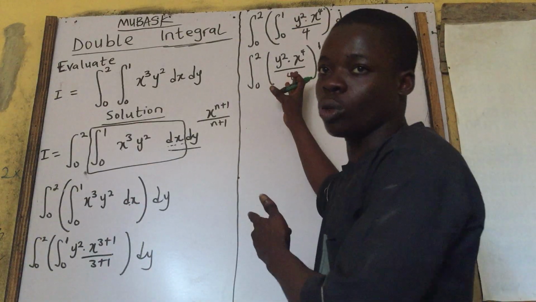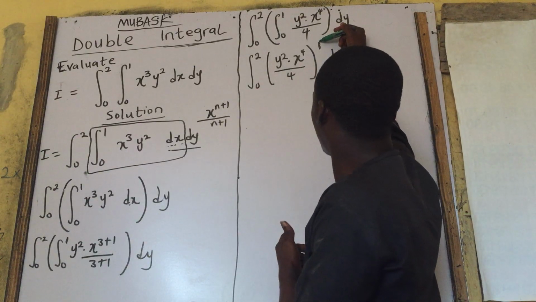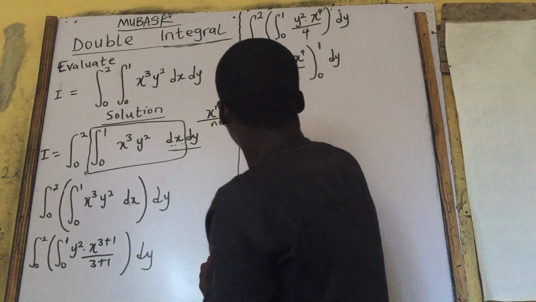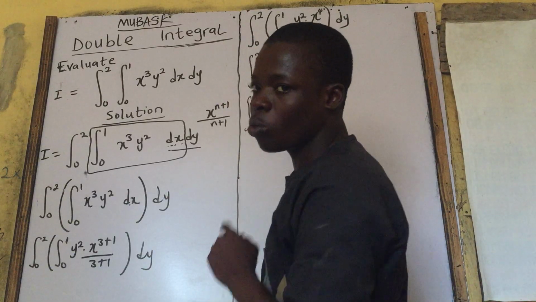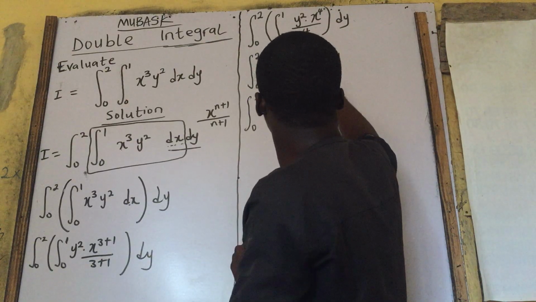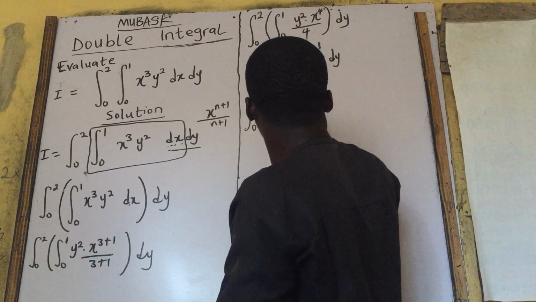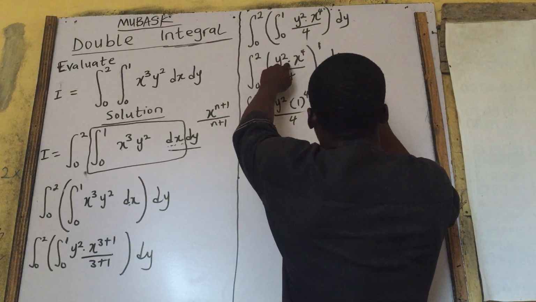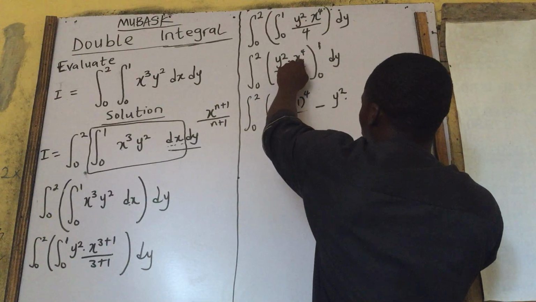Since we have integrated, the next step is to distribute the bound to the variable. Let us take a look at the upper limit, which is 1. Whenever we see x, we substitute 1. Integral 0 to 2, open bracket, y square, because we take y square as constant, multiplied by 1 raised to power 4 divided by 4, minus y square multiplied by the lower limit 0.